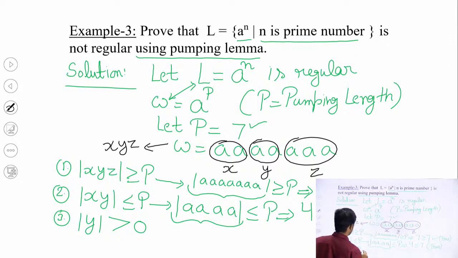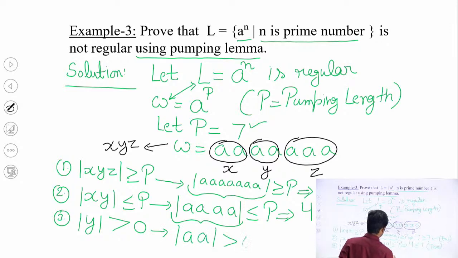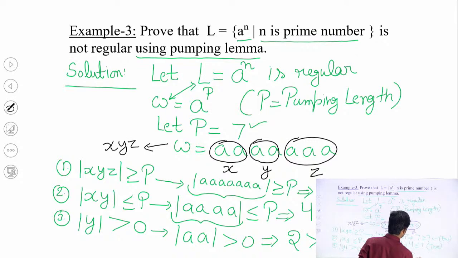Let's see the third condition. Mod of y, what is y? a, greater than 0. a length is 2. 2 is greater than 0. The third condition is also true. All these three conditions are true.